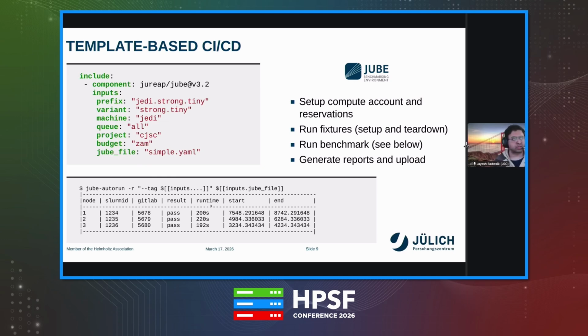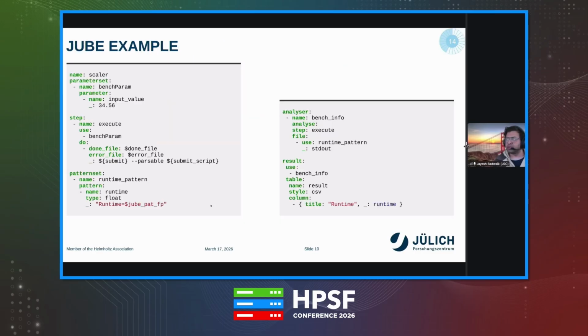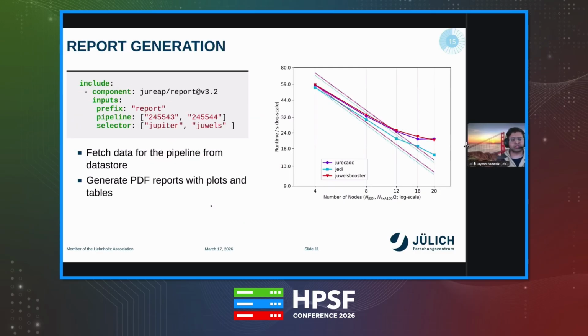And you don't have to do anything fancy at this point. So then this CI/CD again now fetches the data from the same repository. So it's again running inside the repository, and then it will generate this kind of a plot you see on the right, where we are now comparing all the three different machines, the Eureka, the Juelich, and the Jedi at our place.